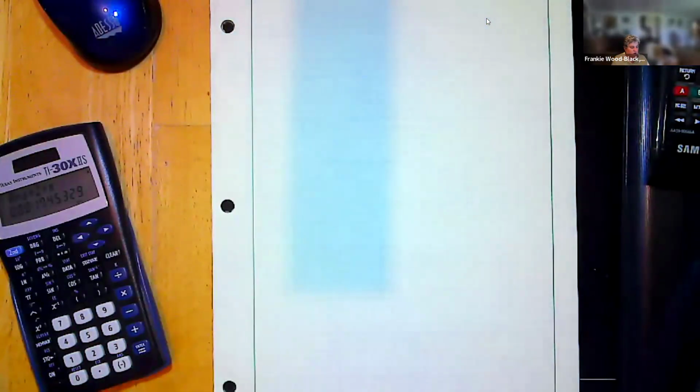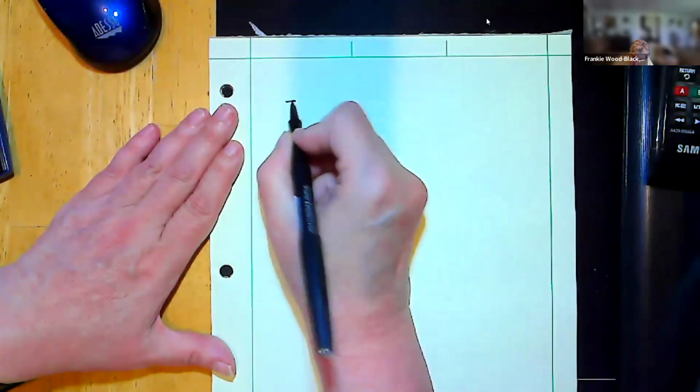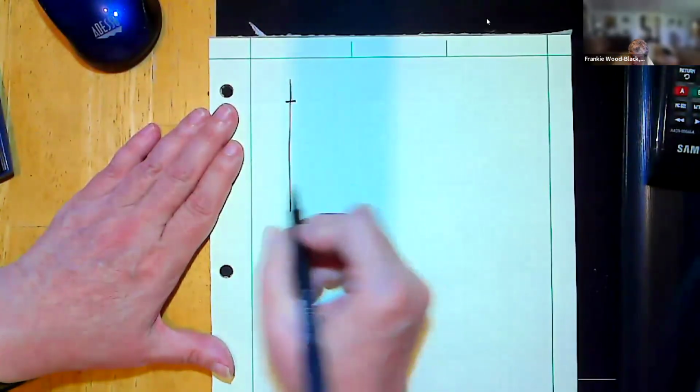Now, just one more thing, we can do it a little differently too. So let's do this. I'm going to give you a position versus time plot.